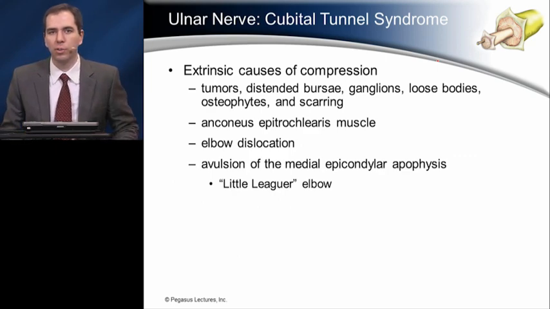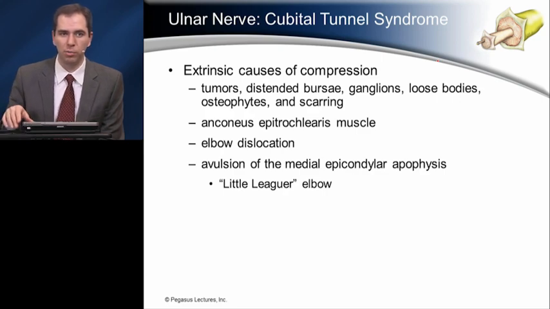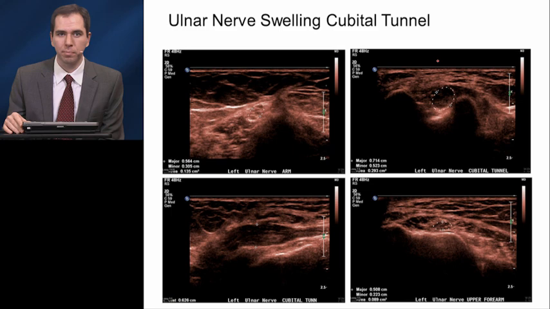Extrinsic causes of compression can also cause cubital tunnel syndrome, so tumors, distended bursae, ganglions, loose bodies, osteophytes, the anconeus epitrochlearis muscle, an accessory muscle in the cubital tunnel, elbow dislocation, and then little leaguer elbow, where the apophysis of the medial epicondyle can be chronically avulsed.